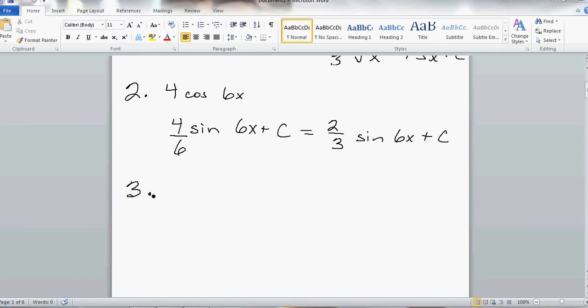Now 3 and 4 actually give us the symbol that we get to use, and that is this very long sigma.